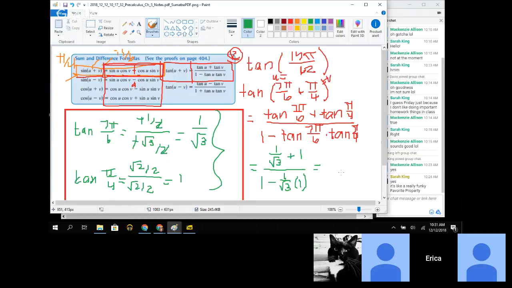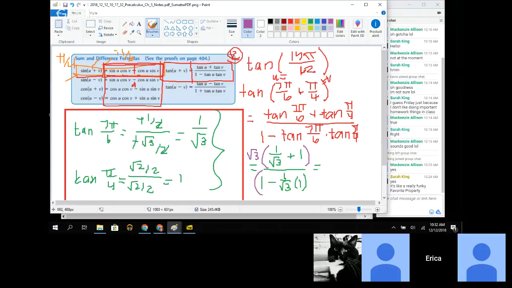Let's do some simplifying. What would be the easiest way to do this? There's multiple ways you could do this. I'm thinking about multiplying everything by the square root of 3.